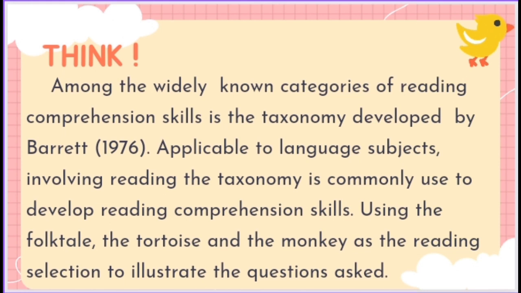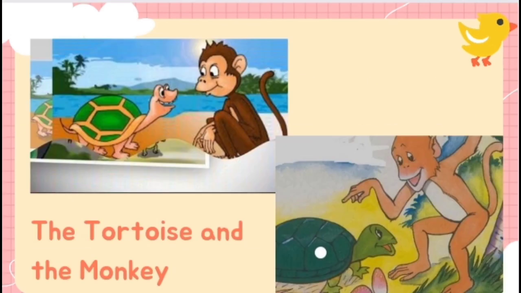So, these categories are the basis in developing test items to measure the mastery of the same skills. For example, by using the folk tale, the tortoise and the monkey, as the reading selection to illustrate the questions asked. So, I have here some example pictures of the tortoise and the monkey.